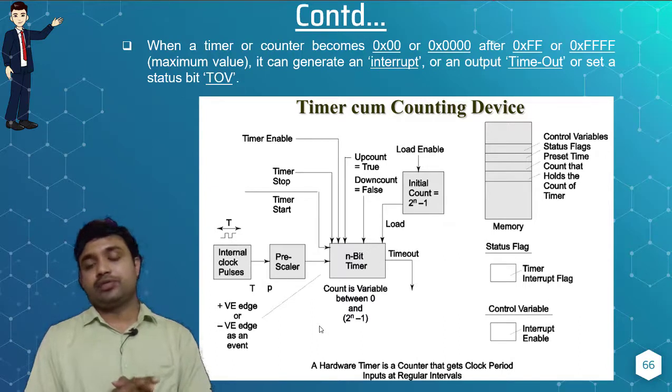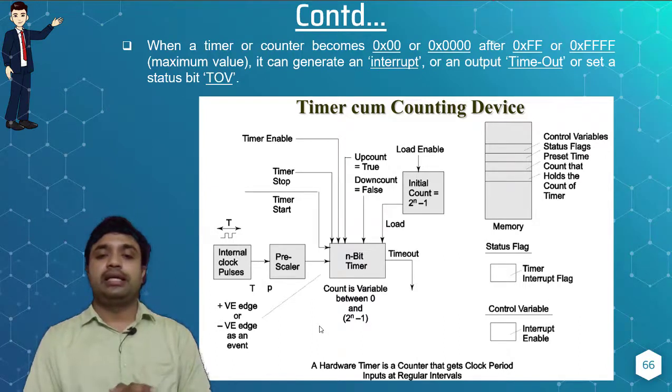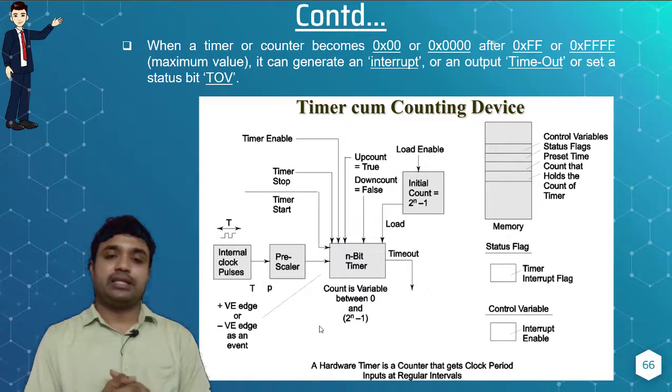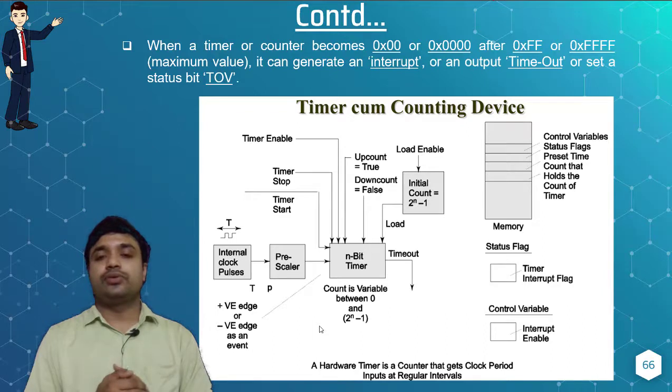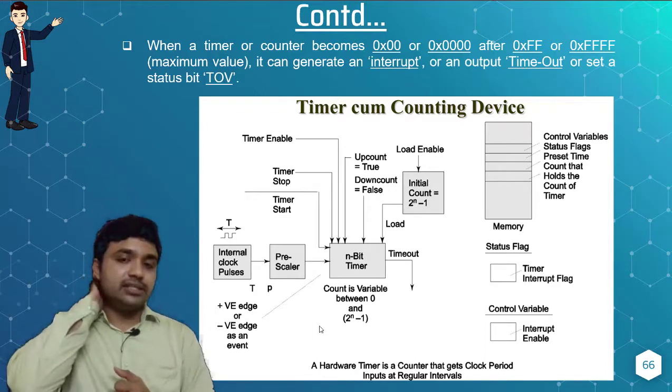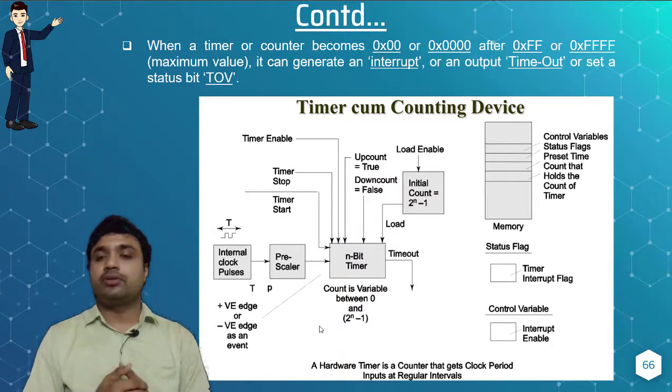After that it is fed to the timer unit. The timer has different functionalities: timer start, timer stop, and timer enable, and automatically the timer is going to count the up count values, whereas it is also going to count the down count operations.